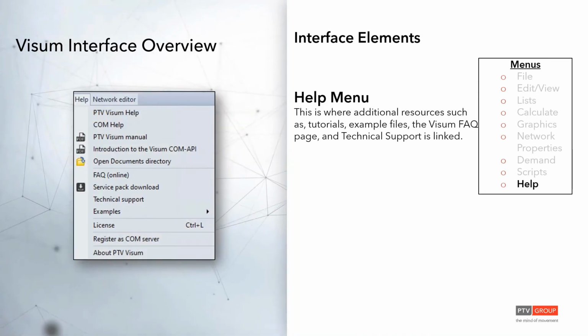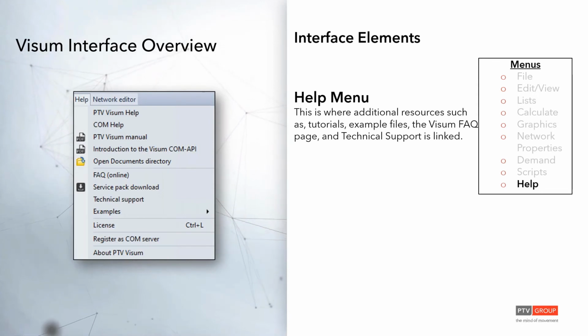Okay, and I think this last menu item is the help menu. If you're not able to find what you're looking for, or if you're stuck, this is where you would go, and this gives you access to a lot of additional resources, such as very detailed tutorials.